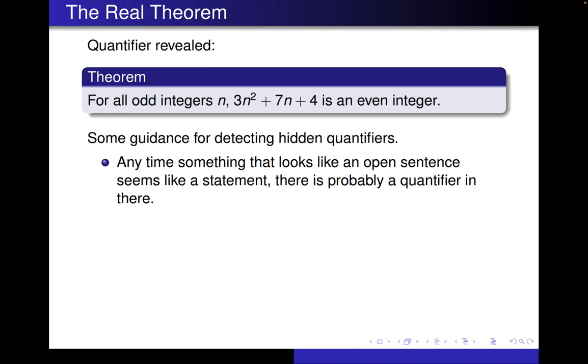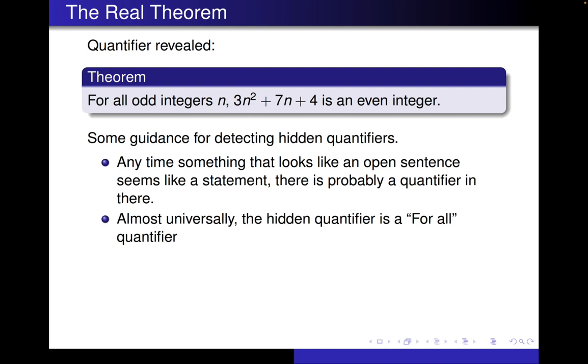So you've got to be careful about the context to see if you're interpreting things correctly. And then almost universally, that hidden quantifier is a for all quantifier. And yeah, I'm sorry, that was a pun, and it was intended, but I'm still sorry. So anytime there's a hidden quantifier, it's almost always a for all statement. So just look for that first.